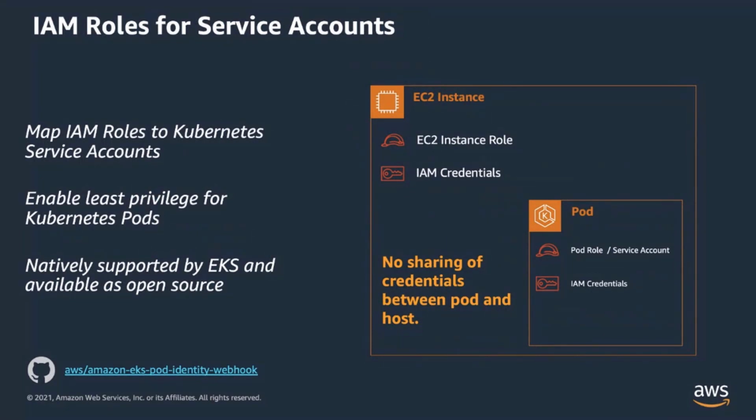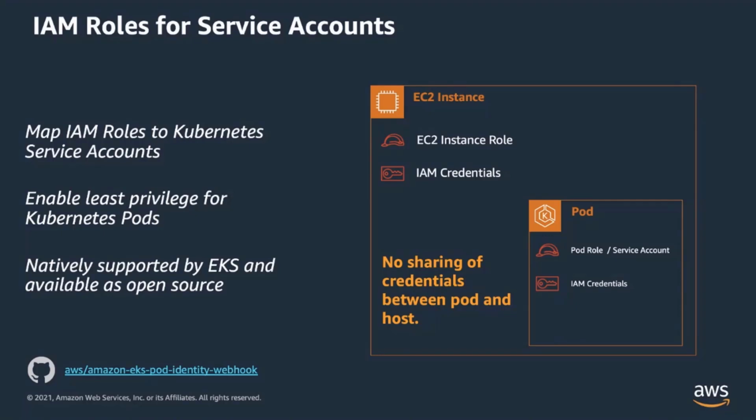The next security best practice that we're going to cover is IAM roles for service accounts. You'll often see this abbreviated as IRSA. And this is how we enable least privilege and separation of duties in an EKS environment. To understand why this is important, let's walk through a scenario without IAM roles for service accounts.